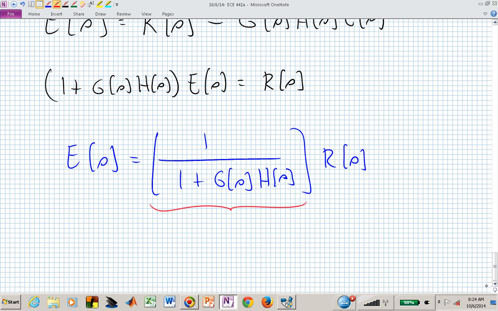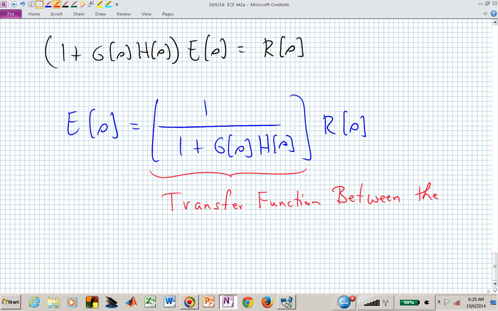This expression then in the square bracket is, in fact, our transfer function between the reference input and, I'm going to go ahead and just say, the error signal.